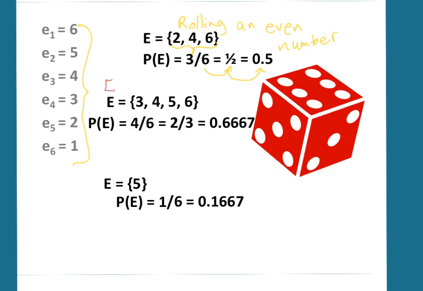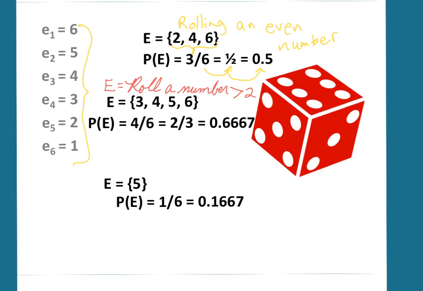And we always want to reduce if we can, or express it as a decimal. Okay, next let's look at the event that we roll a number greater than 2. Okay, so that would be 3, 4, 5, or 6. There are 4 ways to roll a number greater than 2. So the 4 goes right there. We still have 6 possible outcomes in our sample space, and that becomes the denominator.